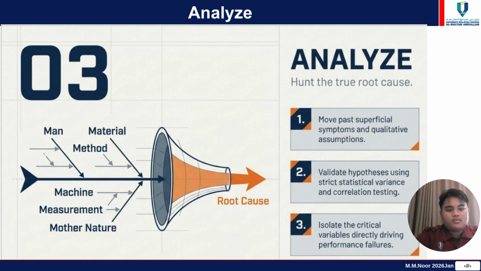First, we must intentionally move past superficial symptoms and qualitative assumptions. It's easy for operators or managers to guess what's wrong based on experience, but Six Sigma demands validation. We formulate hypotheses and test them using strict statistical variance and correlation testing. The ultimate goal is to isolate the critical few variables that are directly driving performance failure.